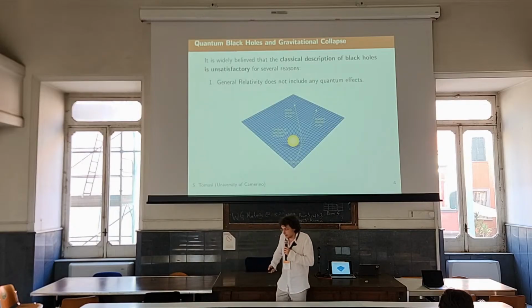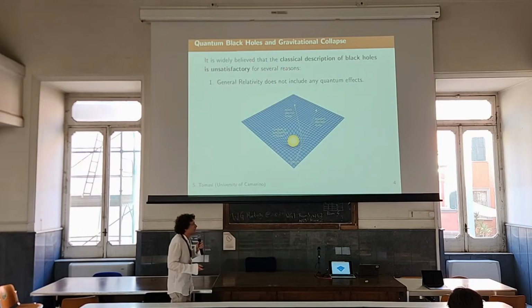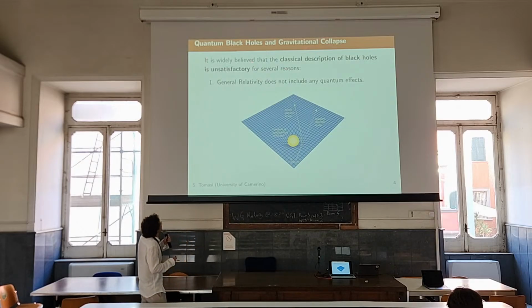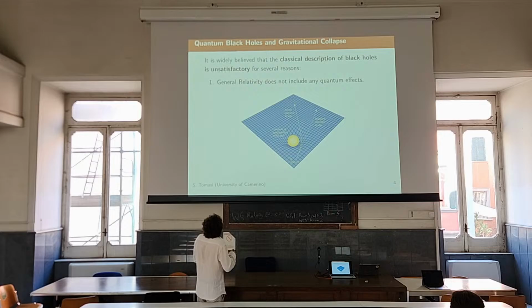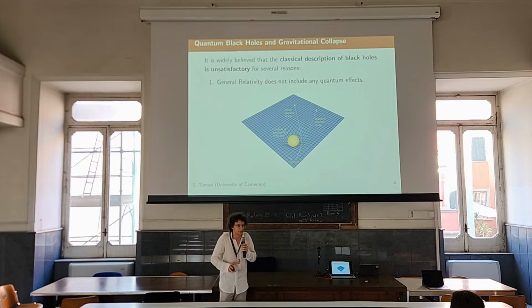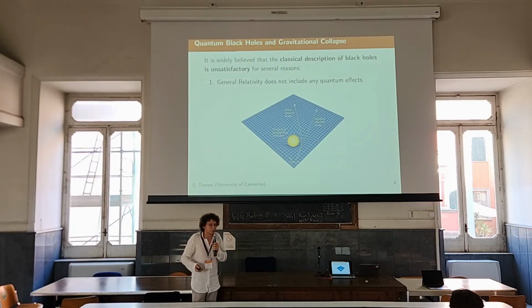Okay, now, what are quantum black holes? Nobody knows what quantum black holes should be, but it is widely believed that the classical description is unsatisfactory for some reasons, which I'll briefly mention. So the first one is the most obvious one, that general relativity does not include any quantum effect.